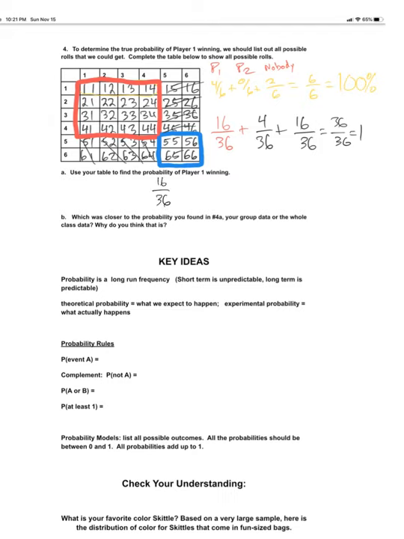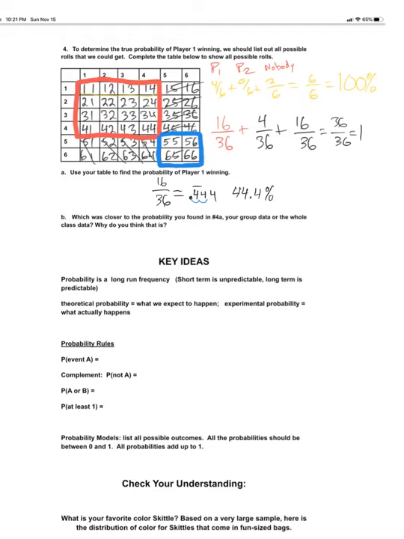Okay? If you use your calculator and you divide that out, you can get your percentage. 16 divided by 36 is 0.4 repeating. And I'm just going to write this out 3 places, because if you want to make this a percentage, you have to move your decimal 2 places to the right. So this would be 44.4%.